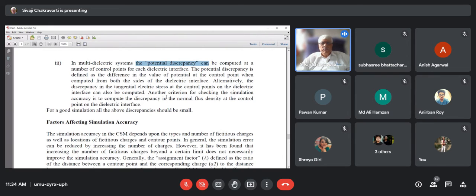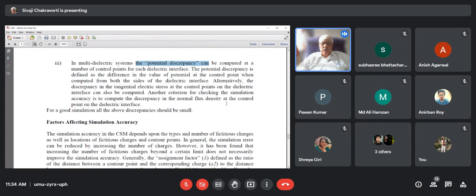Then I consider the same point on dielectric B and ignore the effect of the charges in dielectric B. We take all the other charges and compute the electric potential at the control point. Since it is a single point, the potential should be the same. Again, it will never be the same. So we call it potential discrepancy.